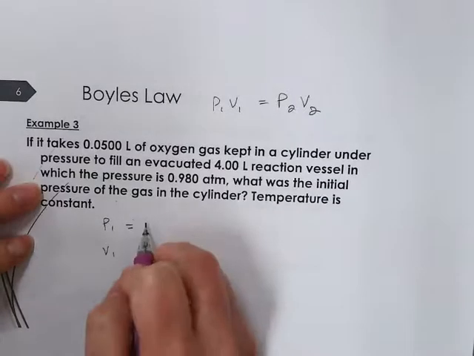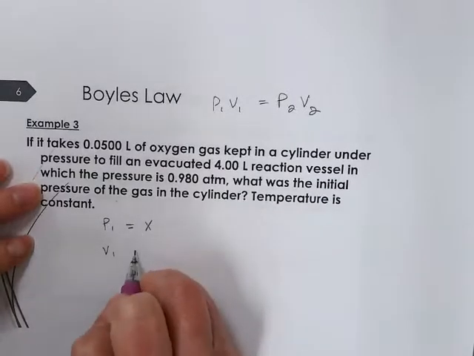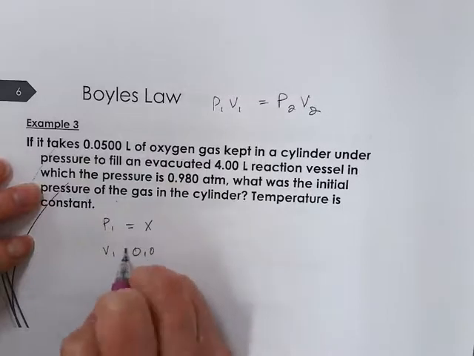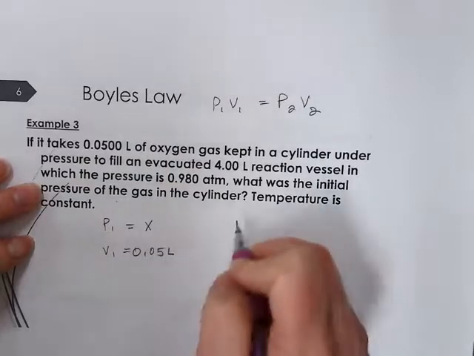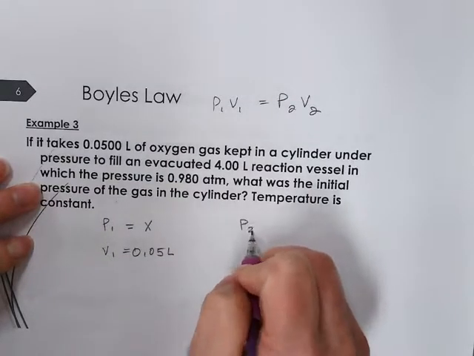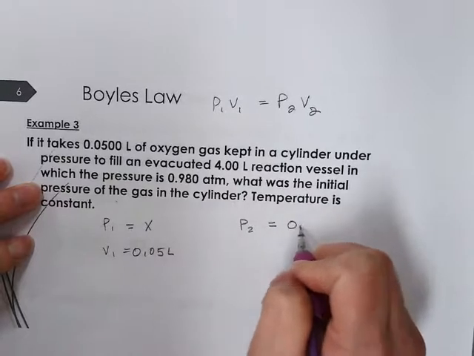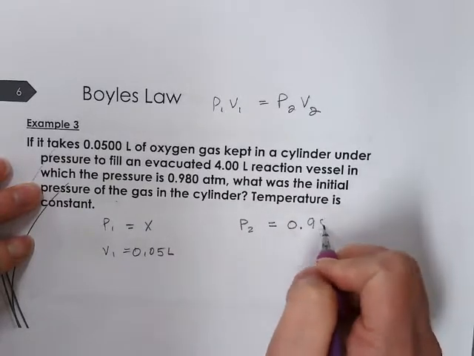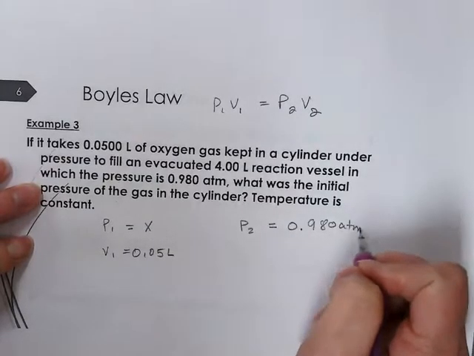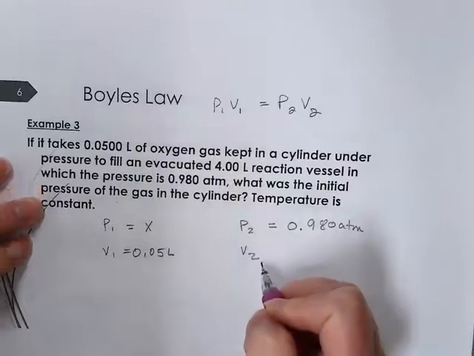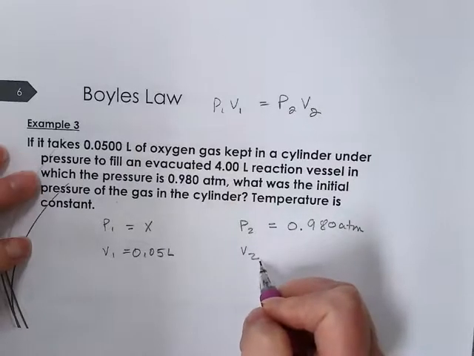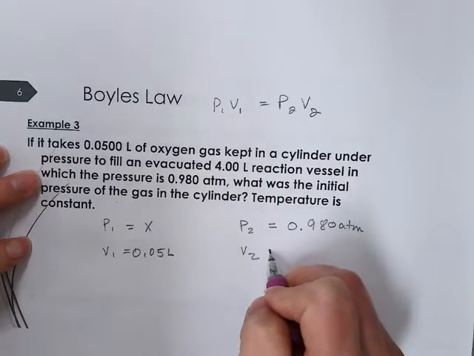So we're trying to find the initial pressure, and we were given the 0.05 liters. And we have a final pressure of 0.98 atmospheres. And we have the final volume.